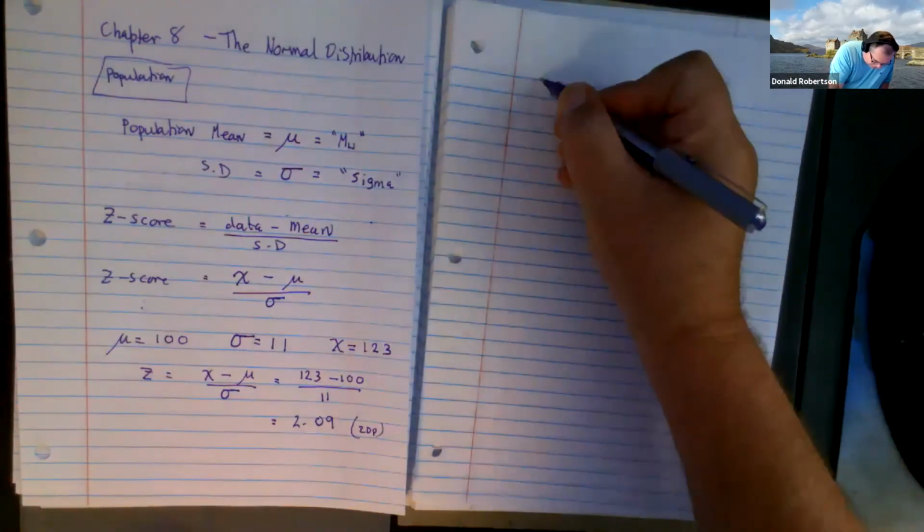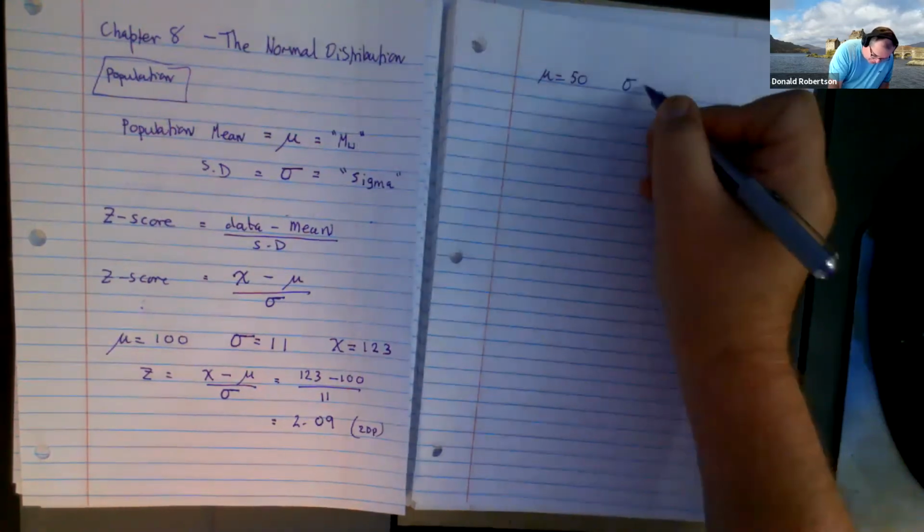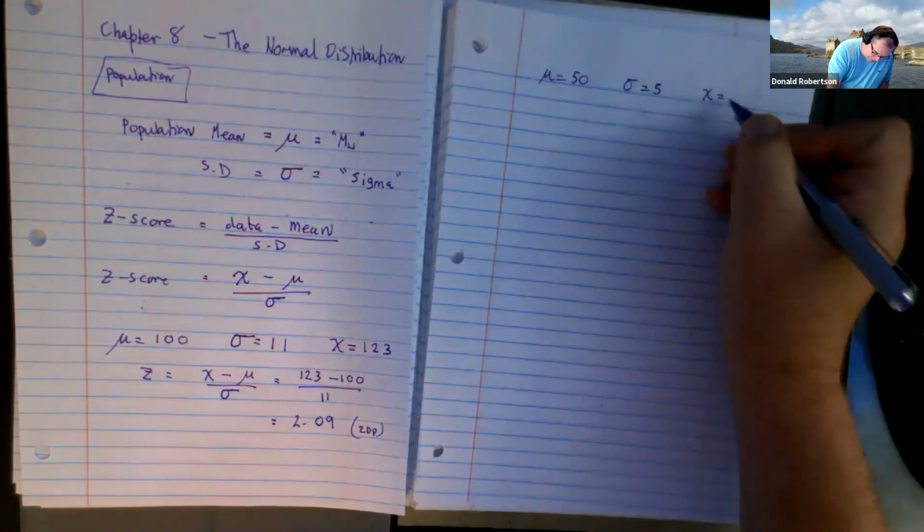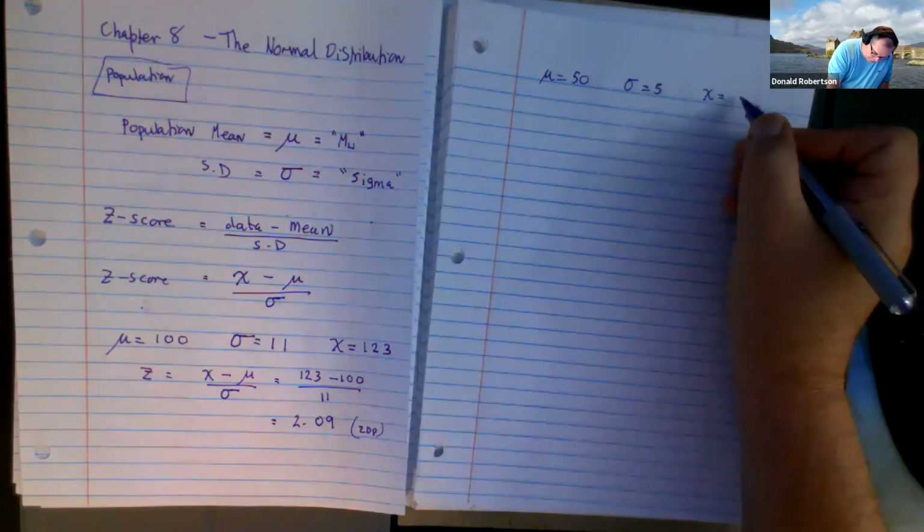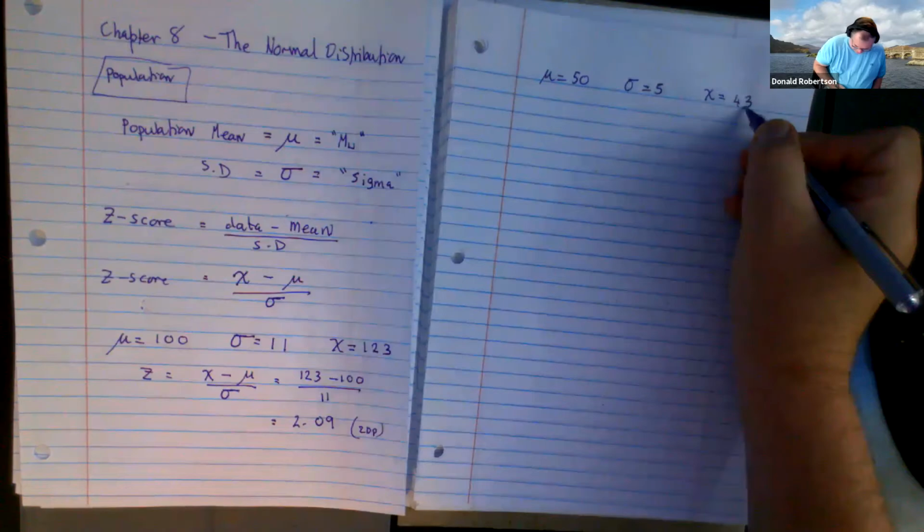Right, do another Z-score. Suppose I have a mean of 50, a standard deviation sigma of 5, and I want to find the Z-score for 43.